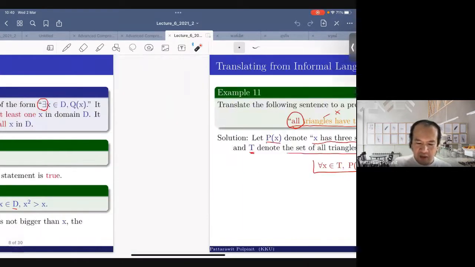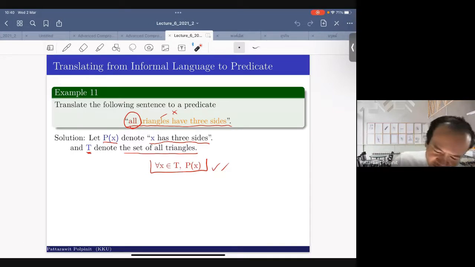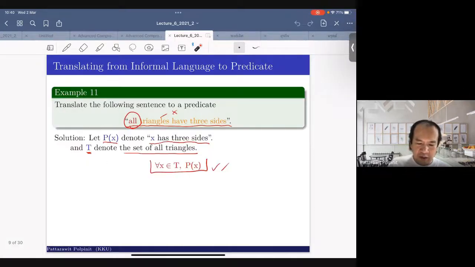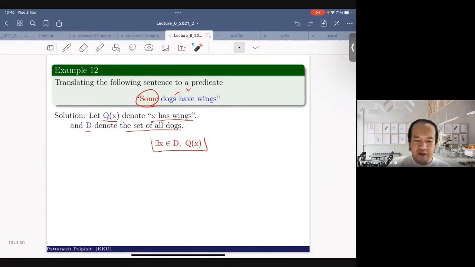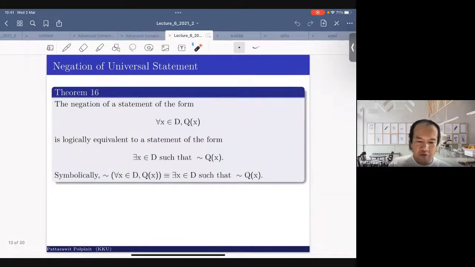We've seen examples of translating English sentences into quantifier statements, for universal and existential statements.